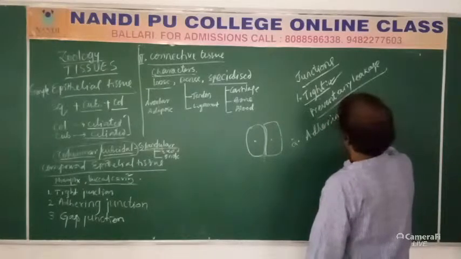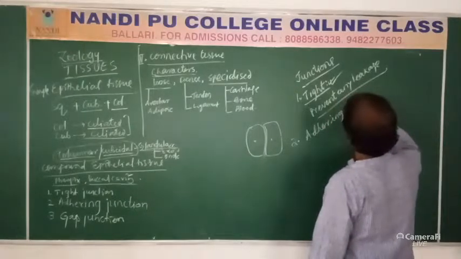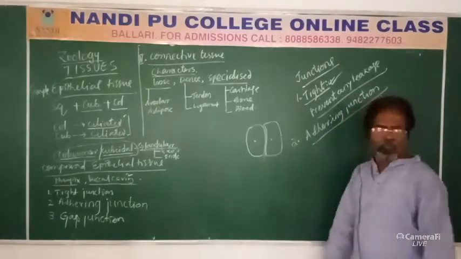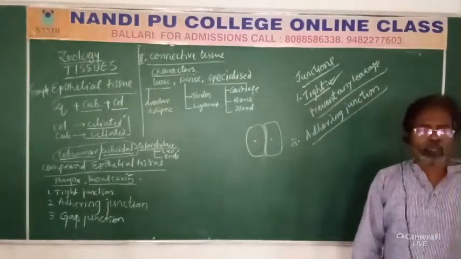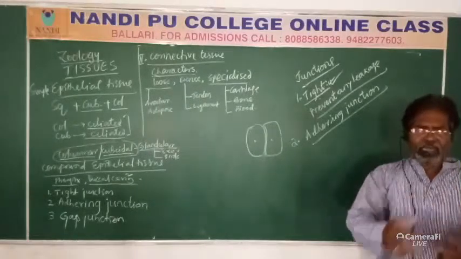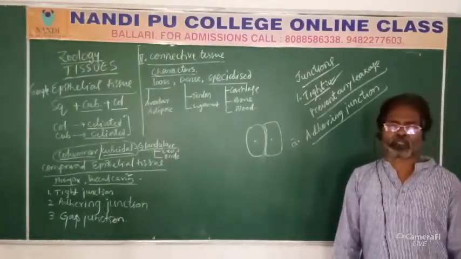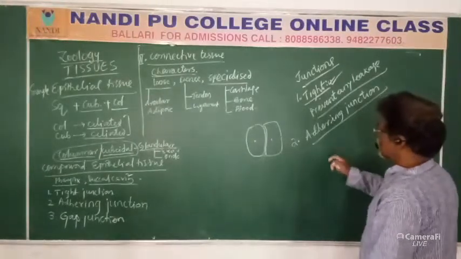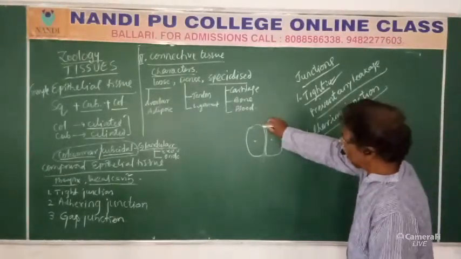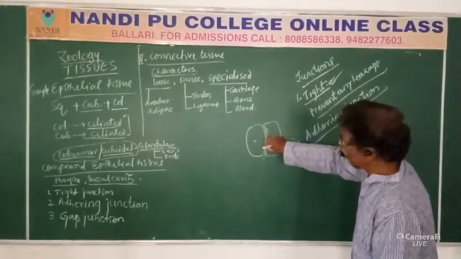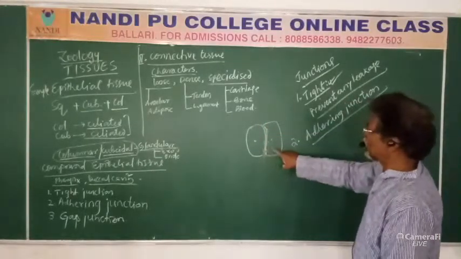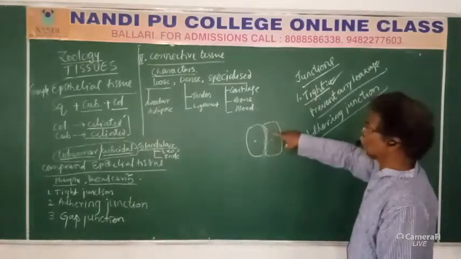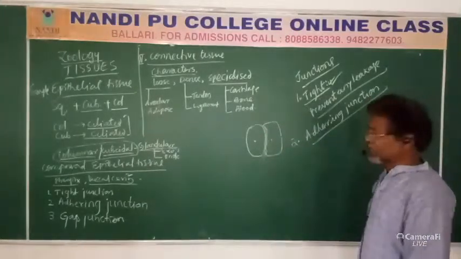The second one is your adhering junction. Adhering junction means what? They will be cementing the cells side by side very strongly. Here there will be adhering junctions at different points. So these two will be held together very fast at these points so that they will not get separated.